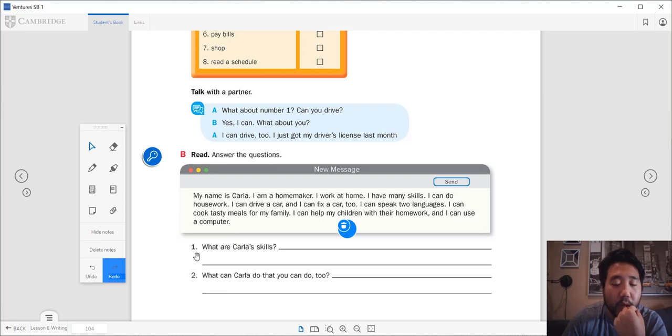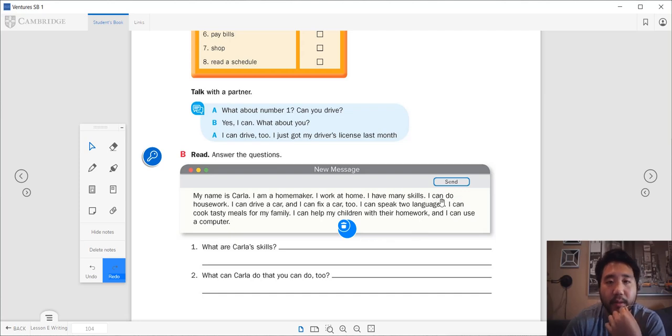Here, number one. What are Carla's skills? We can list Carla's skills by looking at the word can.